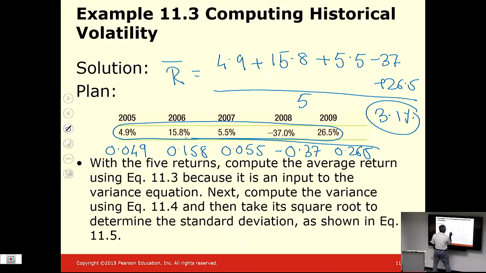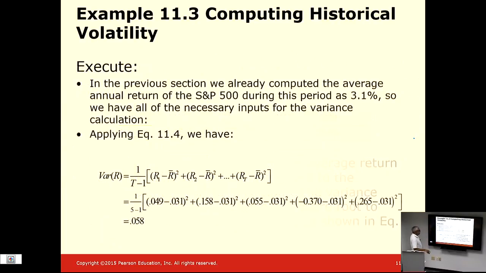And then you could have added these numbers up, divided that by 5. The answer would have been 0.031, which is the same as 3.1%. So I prefer that you develop the habit of doing this in percentage numbers. It's just easier to compute. You don't have to worry about the placement of the decimal signs and things like that. Although there is no difference. If you prefer the other way, that's fine too.